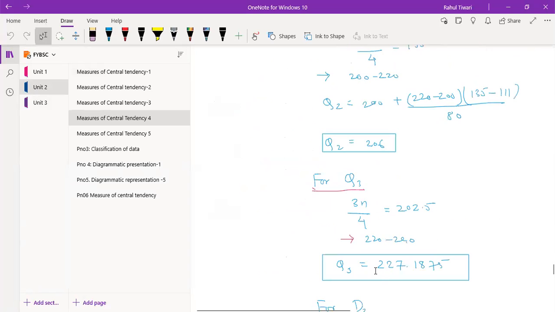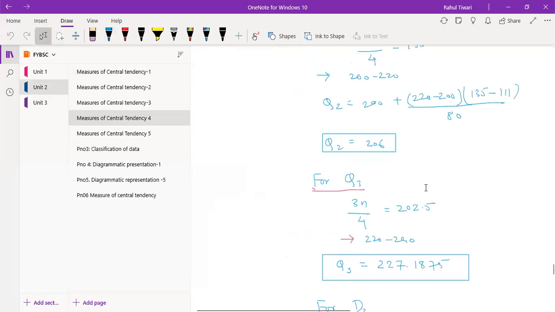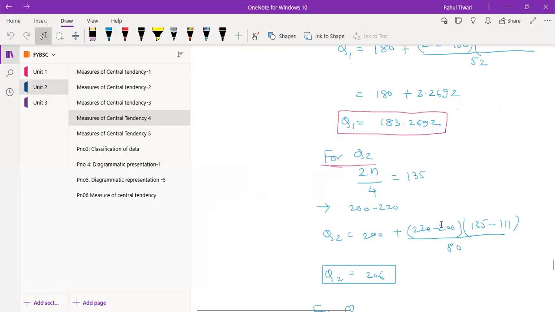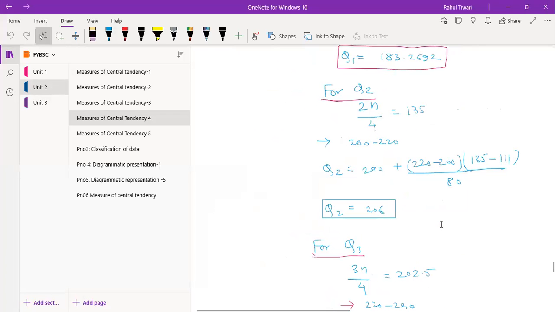Q3 value is 227.1875. So based on this data you can get these values.